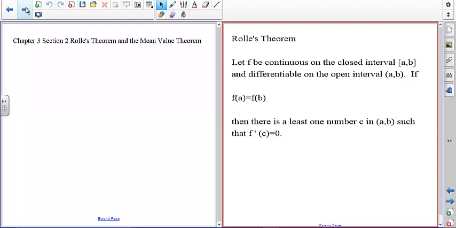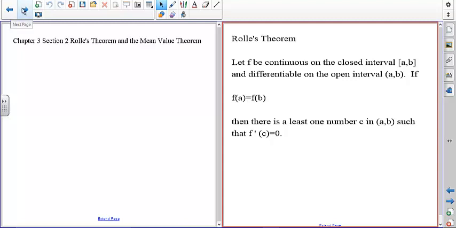So it has to be differentiable between a and b, but not at a and b. And it says if the value of the function at the beginning and the end of the interval, f of a and f of b, are equal to each other, then there's at least one number c, some value of x, in the interval such that the first derivative has to equal 0.